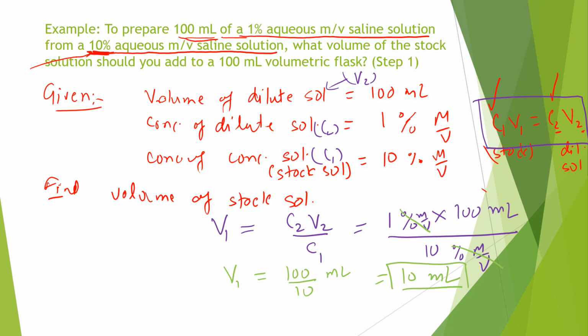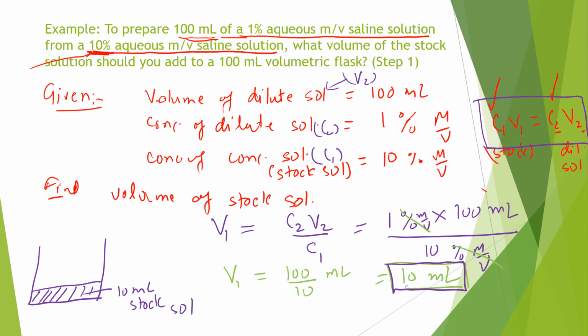So the volume of stock solution which is needed to prepare the dilute solution is 10 ml. Let me explain what that means. It means that you take 10 ml of stock solution and then you add water or the solvent so that the total volume becomes 100 ml.